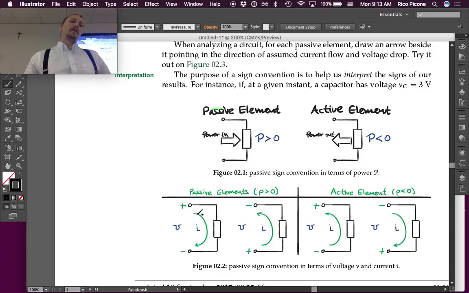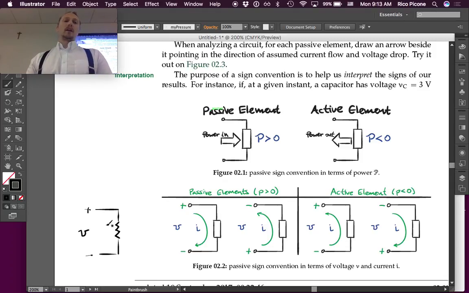We can never have the plus, minus, and the arrow pointed. The plus to the minus needs to be the direction the arrow points all the time, is what it comes down to. So like this or like this, fine, but it would be incorrect if we said, oh, for this resistor here, we're going to assume that plus minus for the voltage, and then, oh yeah, we'll have the current flow this direction, the assumed direction of the current flow.